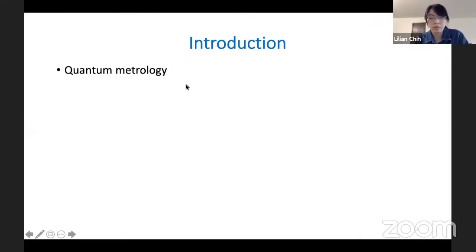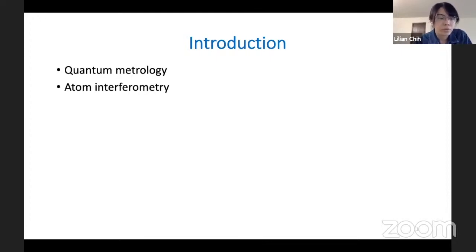Since this audience comes from different backgrounds, I think it's helpful to mention that the field I work in is called quantum metrology or quantum sensing. In this field, people use quantum technologies to make measurements with the highest precision that no classical counterparts can achieve.